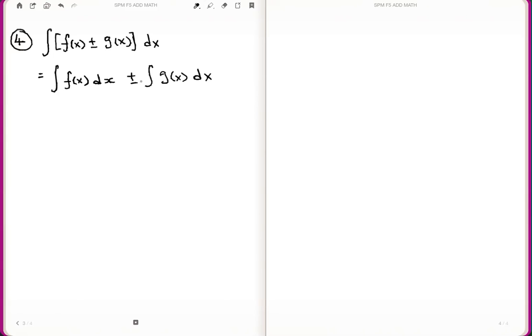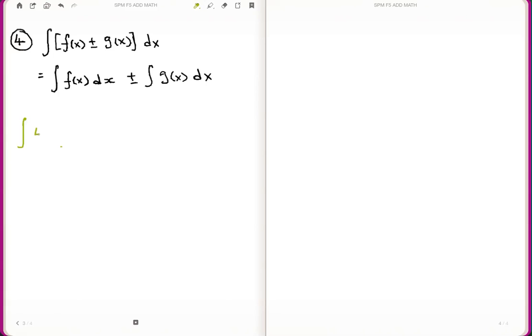Let me give you an example, because that might seem a little bit too complicated of a function. It shouldn't be complicated now, because you have learned it from chapter 1. Integrate two functions.